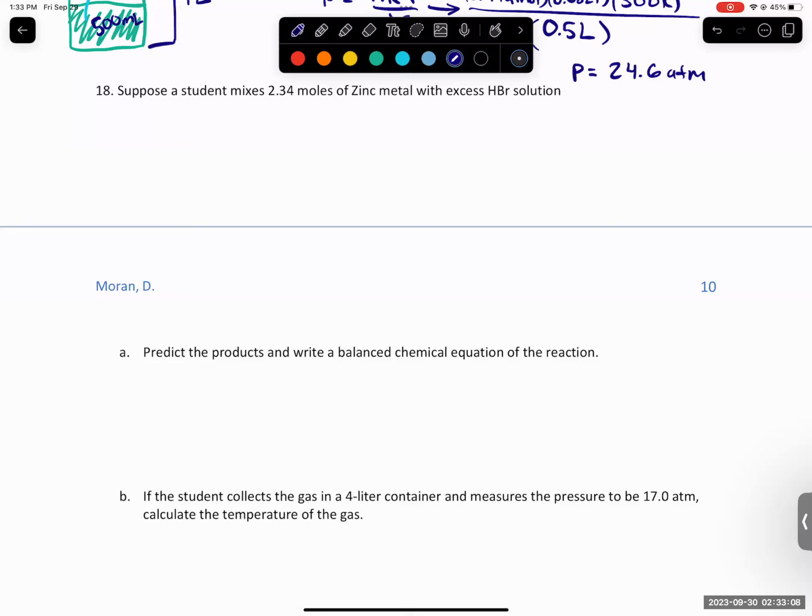That's one of those that. Because the ideal gas law is.